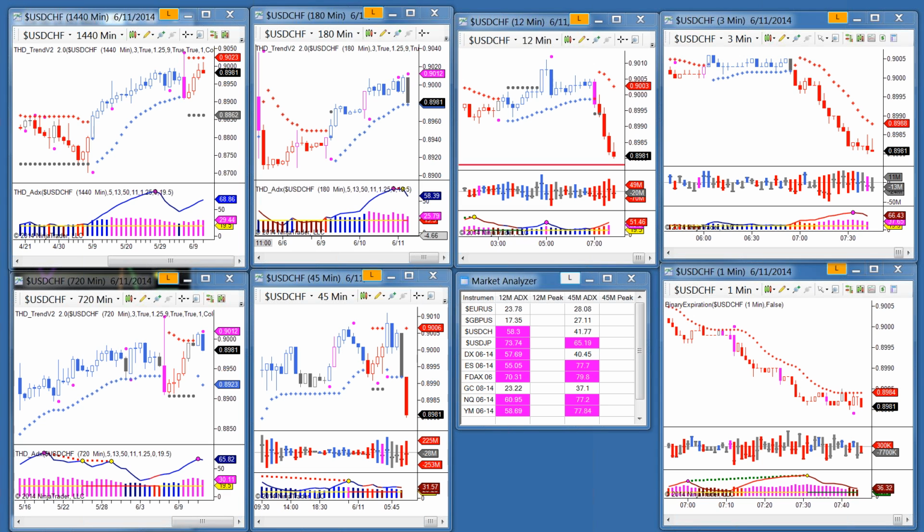I want to go through some of the Forex pairs, specifically the US dollar pairs. And I did post them online today as well. The USD Swiss franc, what really interests me is it's flipped the ATR with a lack of conviction, and it went back to test the ATR.